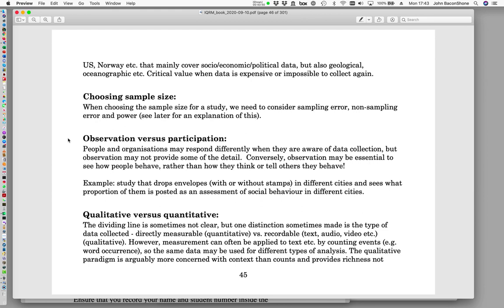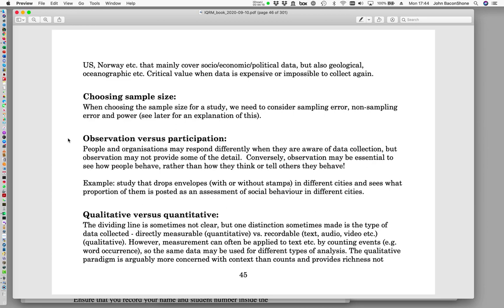Now, what about sample size? We haven't really talked about sample size yet. So there are at least 3 things we need to think about: sampling error, non-sampling error, and power. So we will talk about power later on. So sampling error, we will see, is a relatively simple thing, because the sampling error depends on the sample size in a relatively simple way.